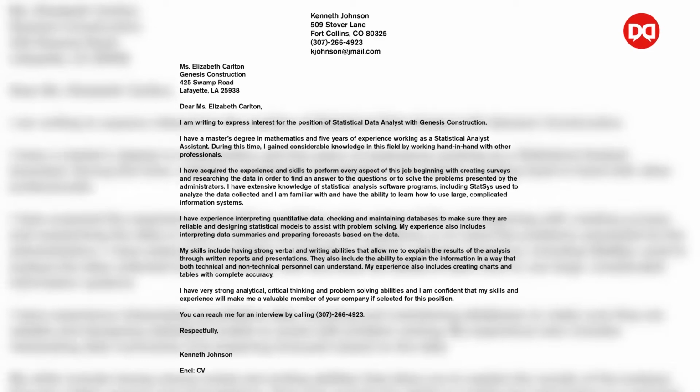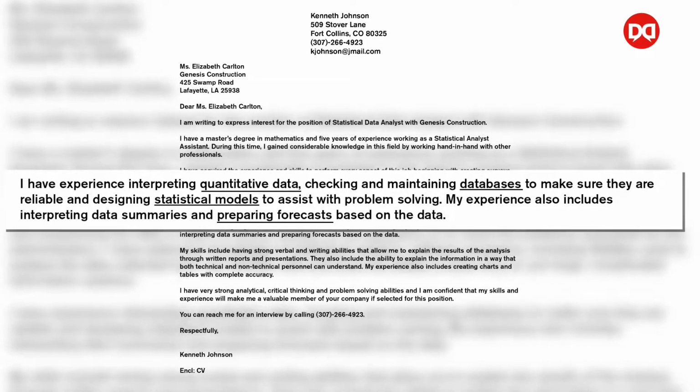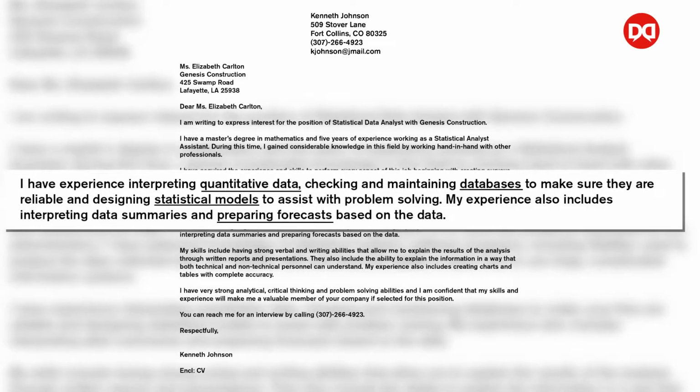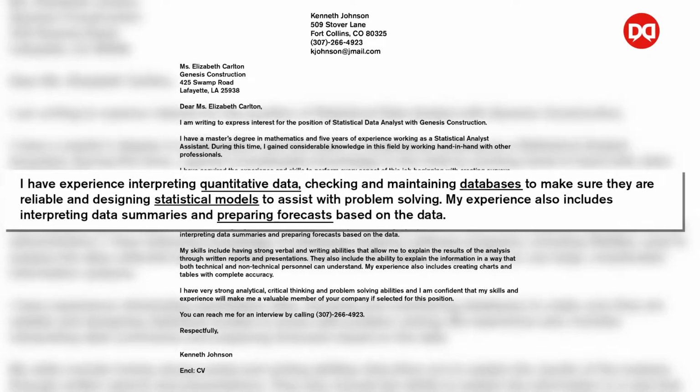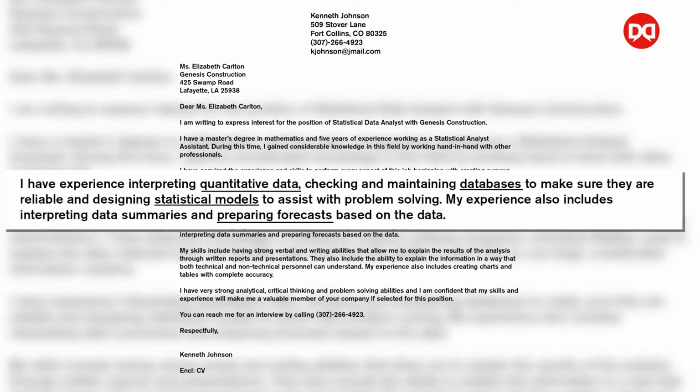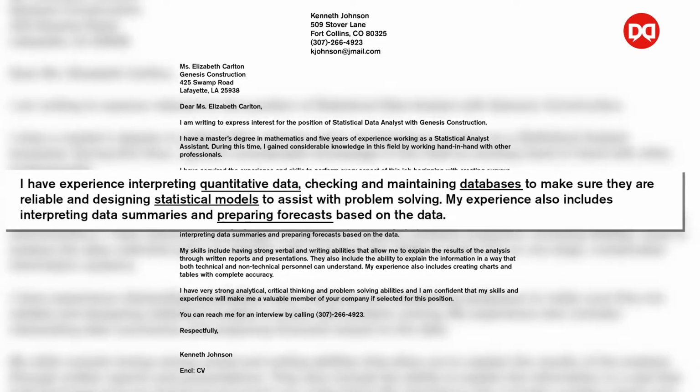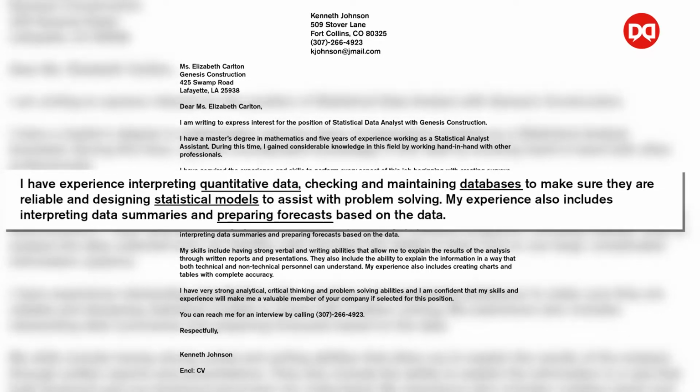He mentions quantitative data, different databases, designing statistical models, preparing forecasts, summaries, surveys. He clearly is touching on different potential job criteria points or general skills needed for the position.